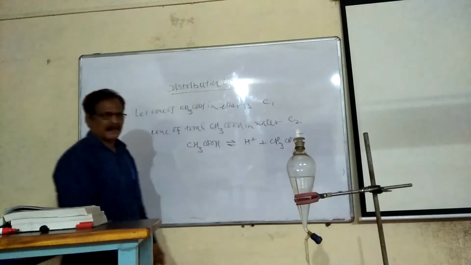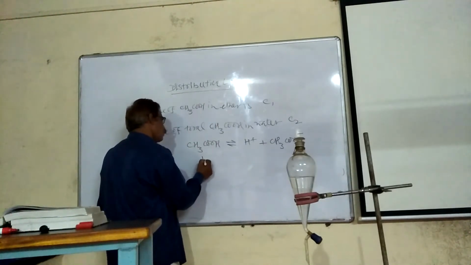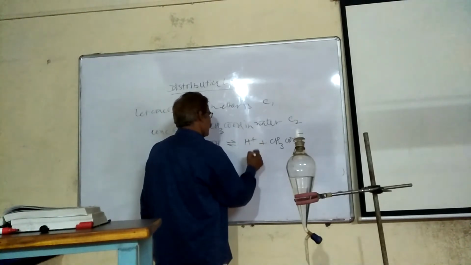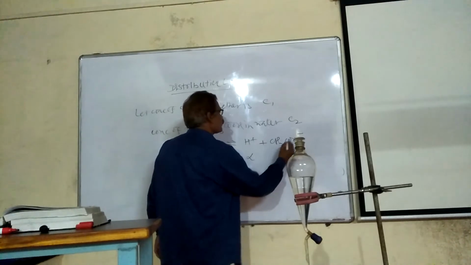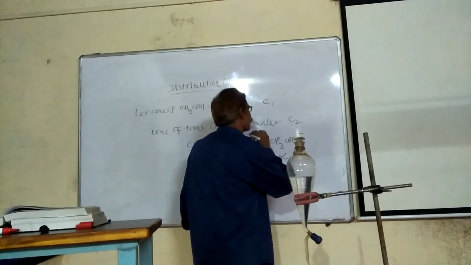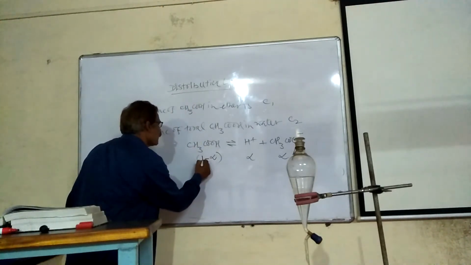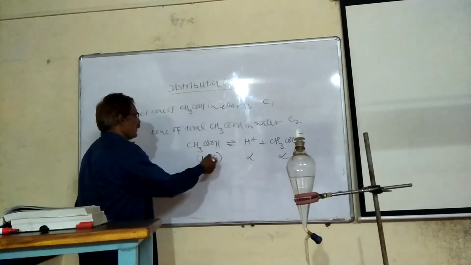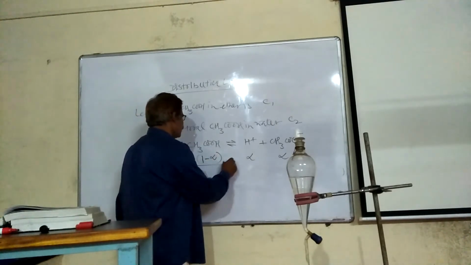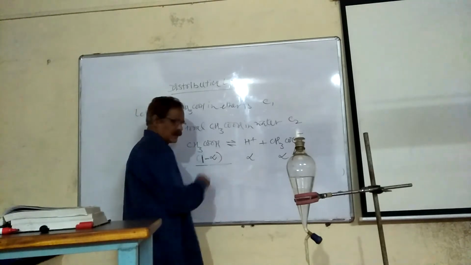At equilibrium, the concentration of acetic acid will be equal to 1 minus alpha, and the concentration of H plus is alpha, and the concentration of CH3COO minus is also alpha. So here, the concentration of undissociated acetic acid is 1 minus alpha into C2.